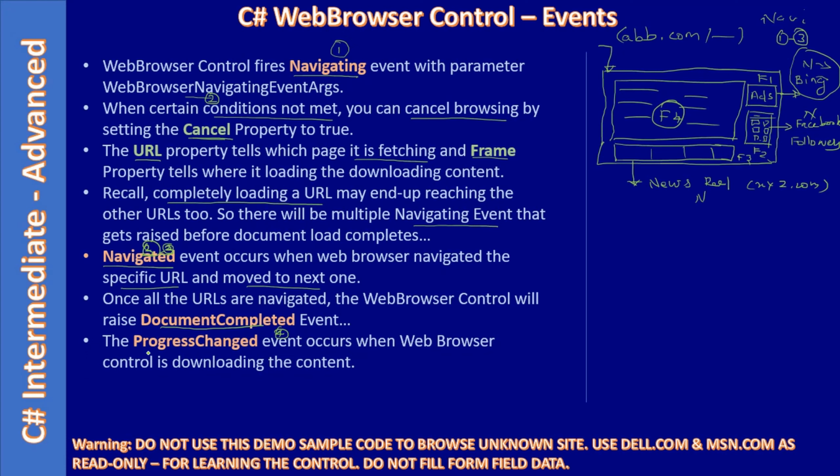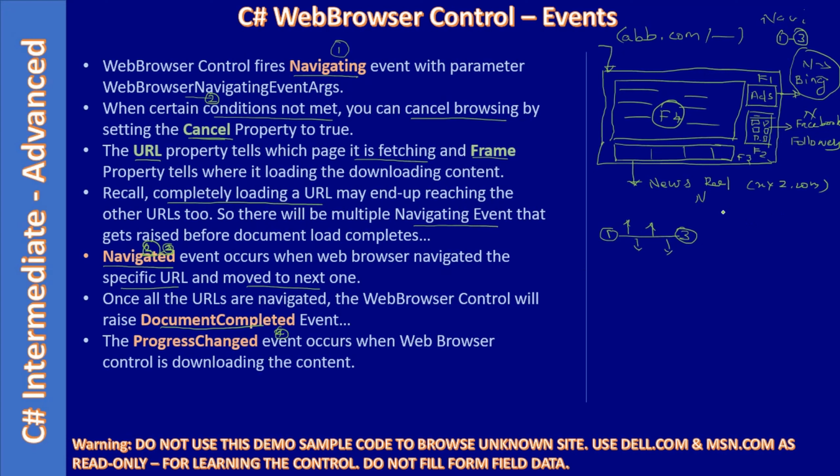Alright. So when Navigating and Navigated are happening, let's say the web browser control is loading the content for Facebook. It already raised the Navigating event, and in between it will raise multiple ProgressChanged events. At present, the web browser is navigating to Facebook, and it fires multiple events to tell that the progress has changed.